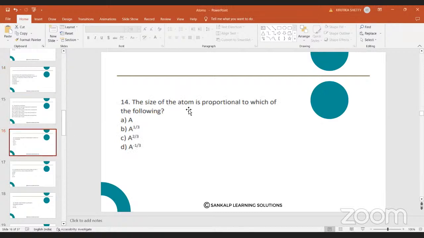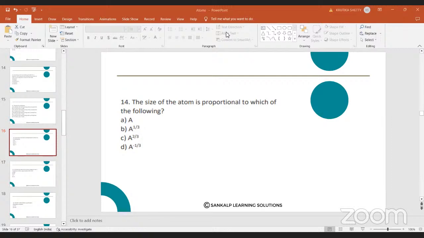Then our next question, the size of the atom is proportional to which of the following? Option A is A, option B is A to the power 1/3, option C is A to the power 2/3, and option D is A to the power 1/3.